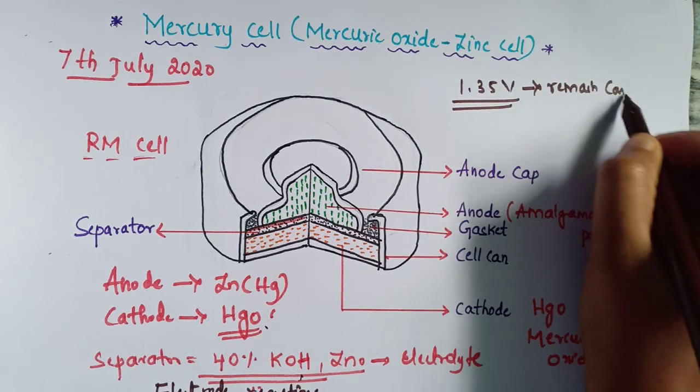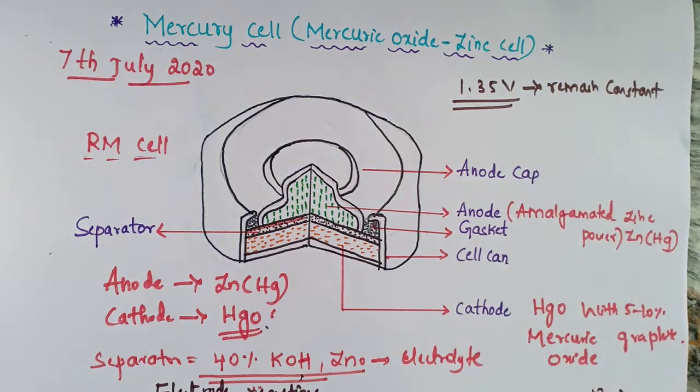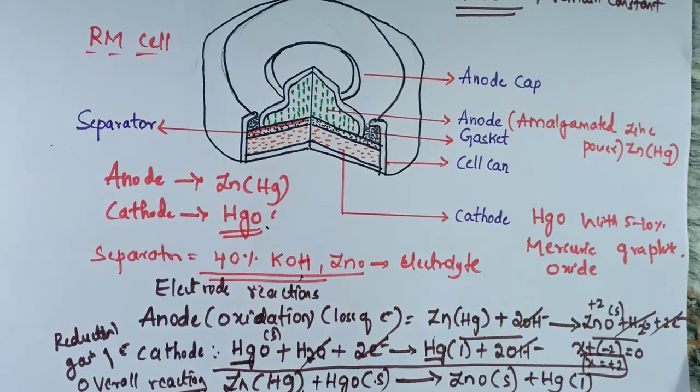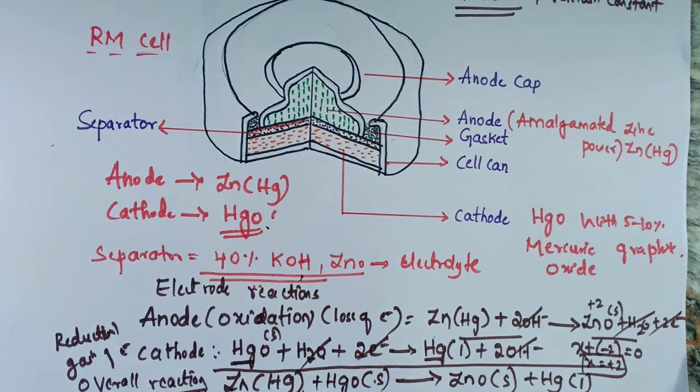Because in the overall reaction, it does not involve any ion in solution whose concentration can change during its lifetime. If ions are present in the solution, their concentration can change during their lifetime. Here no ions are present in the overall reaction.